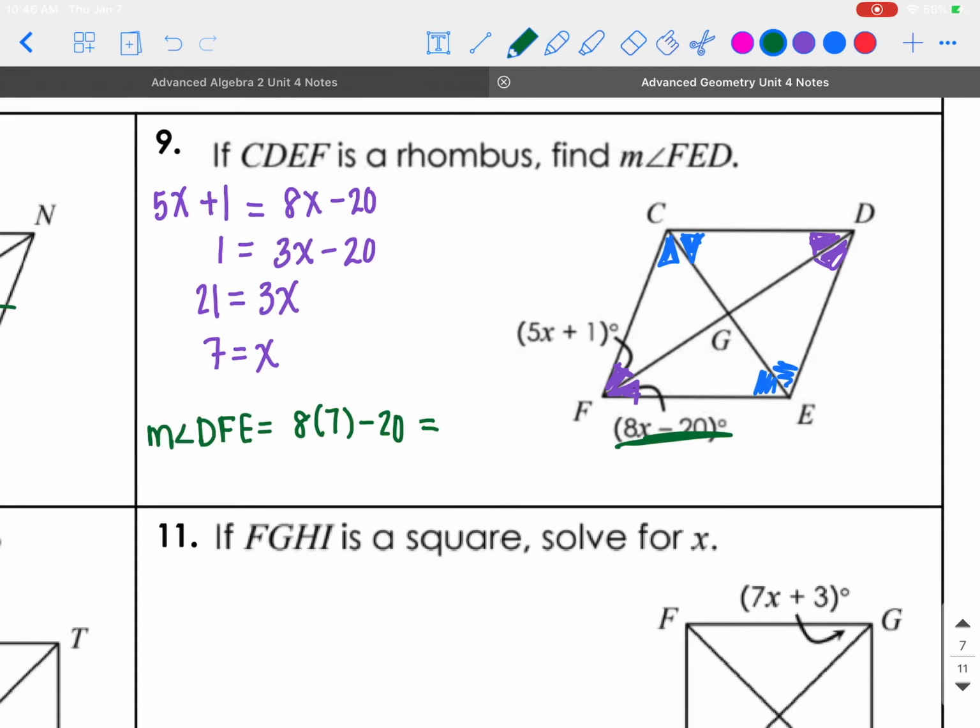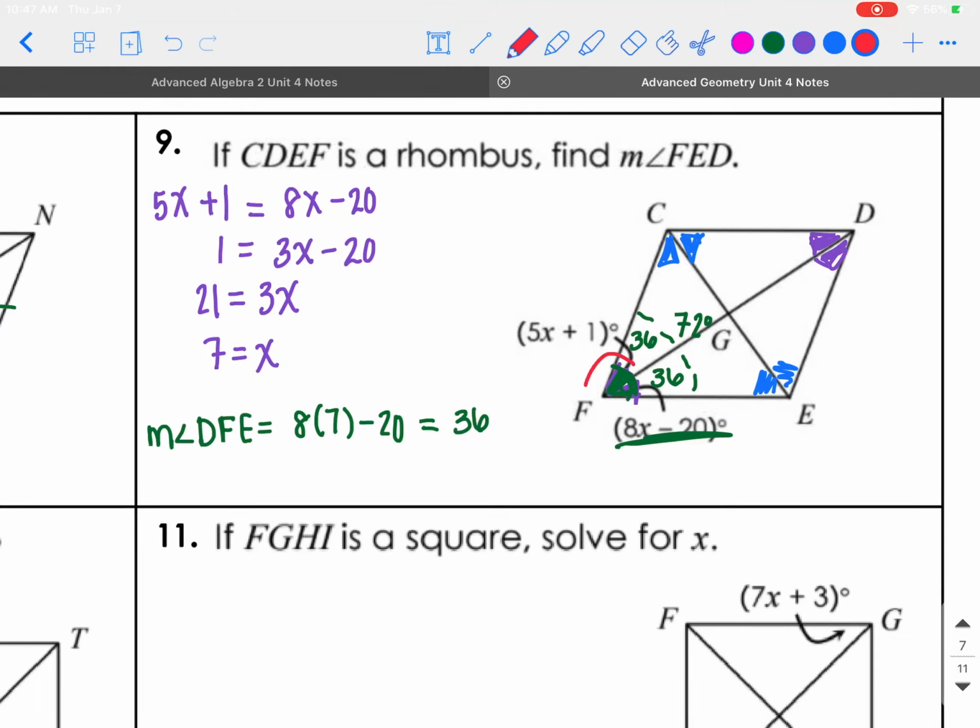So 8 times 7 minus 20 is 36. So this one right here is 36, which means this is 36. Which means that total we have 72. So this total angle right here is 72.